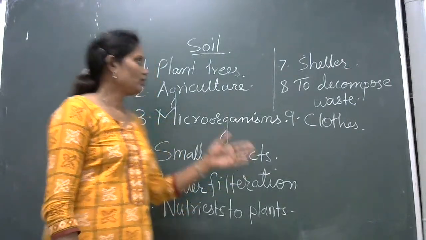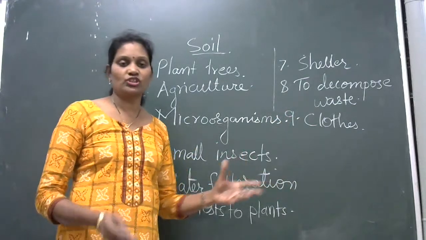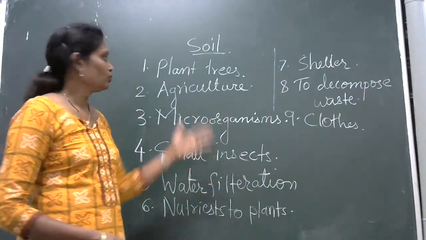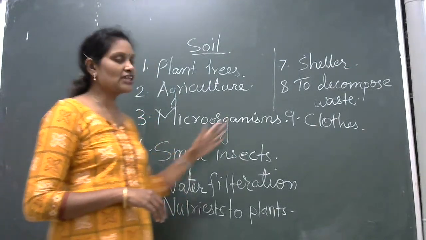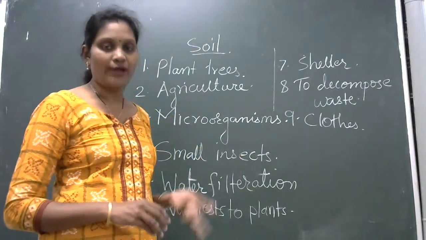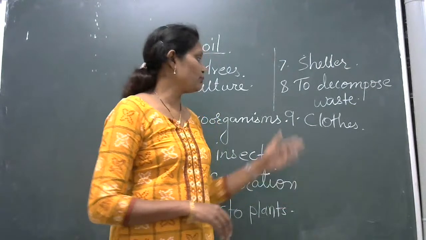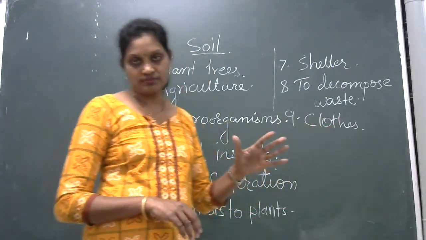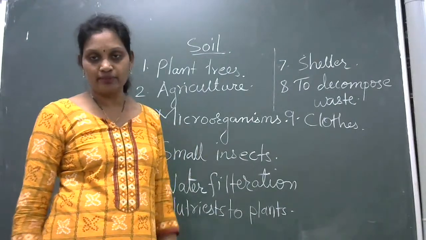They lived totally dependent on nature. So plants provided the food, the soil provided the shelter, and plants only provided the clothes. Isn't it? The plants that we get from the soil.